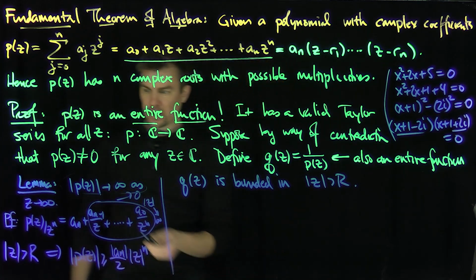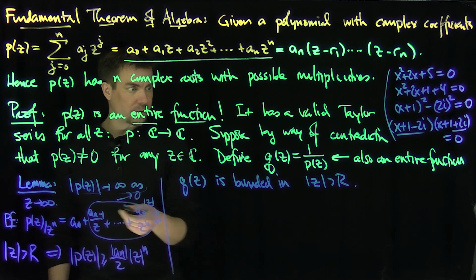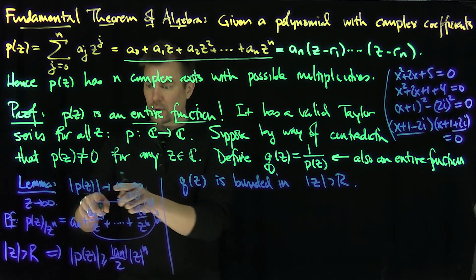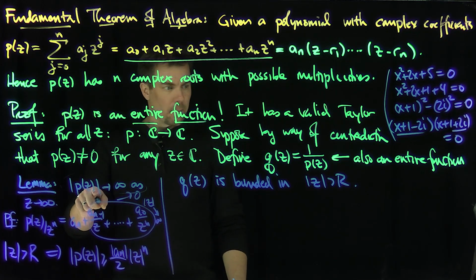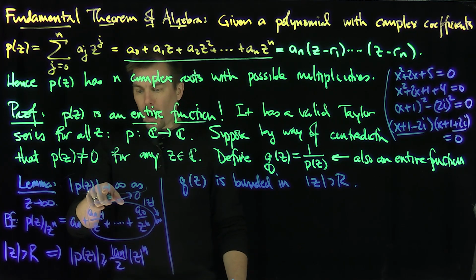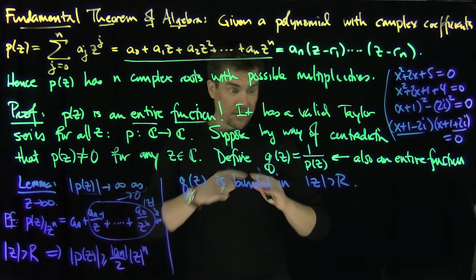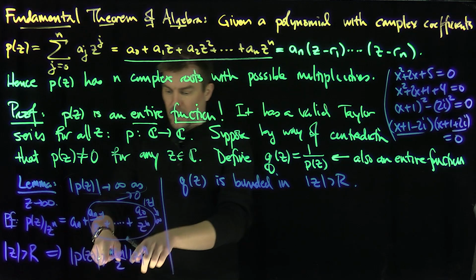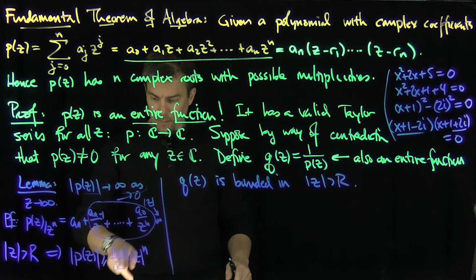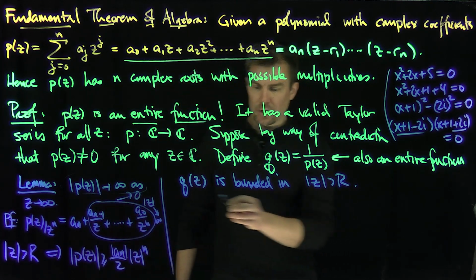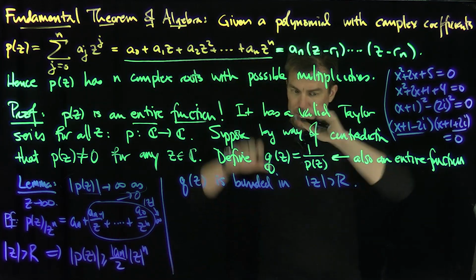So eventually the modulus of P of z is going to be bigger than 100. So that says that Q is going to be less than 1 over 100, right? So for whatever this R is, I'm always going to be able to beat it by the reciprocal of R to the power n times 2 over a_n, basically. So Q is bounded in this region outside this disk.